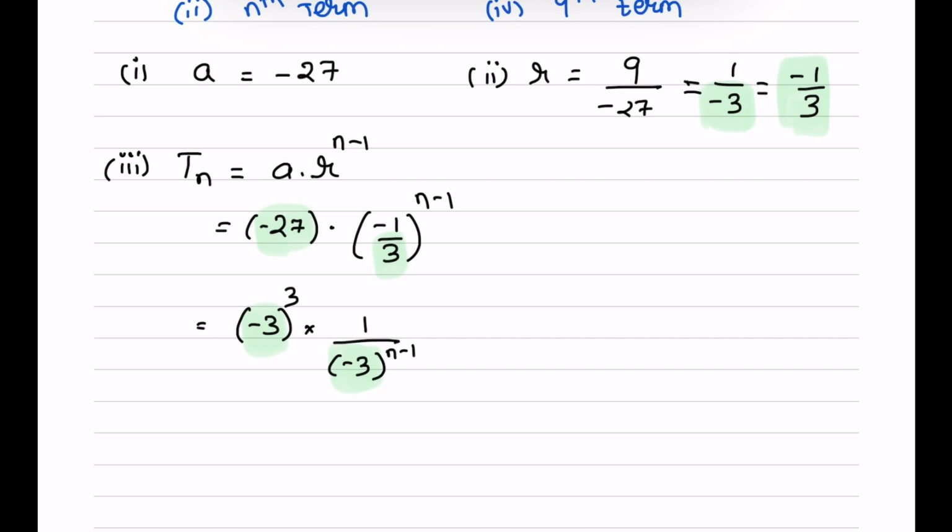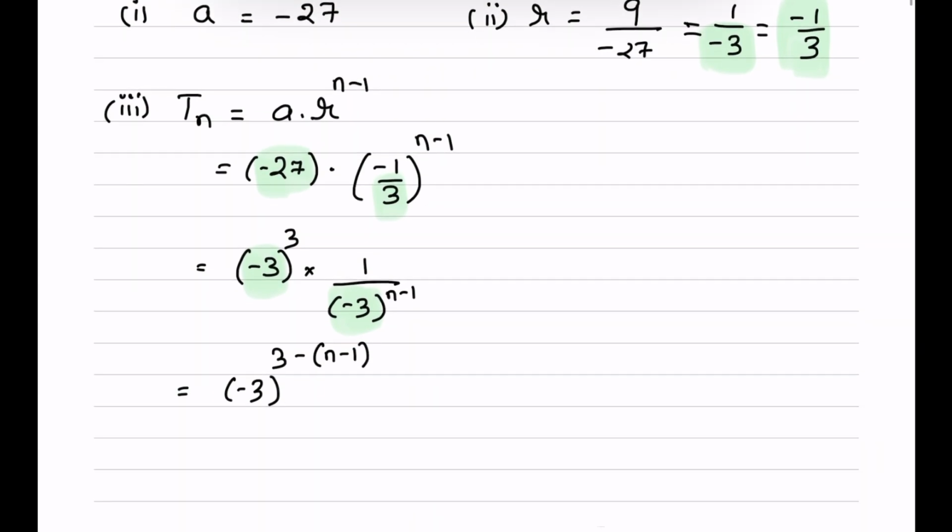When the same bases are in division, their powers are subtracted. So negative 3 raised to 3 minus (n minus 1). So on simplifying the powers, we get the general term Tn equals negative 3 raised to 4 minus n.